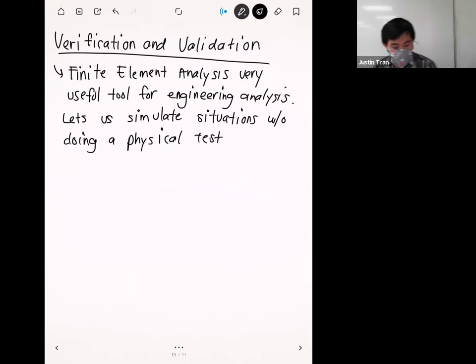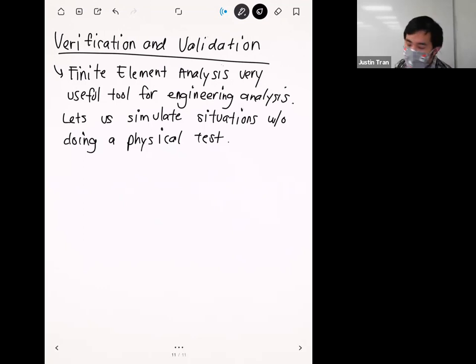Once we've run those simulations, we can view the results, and the results we get are very detailed. We get very detailed descriptions of what the deformation field looks like, what the stress distribution looks like, and all of those things.